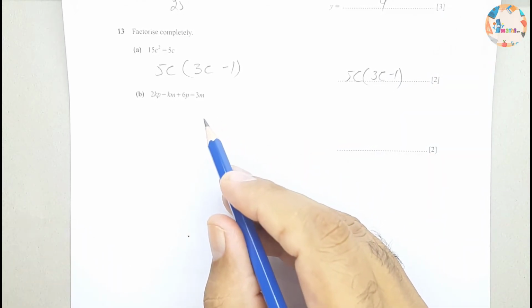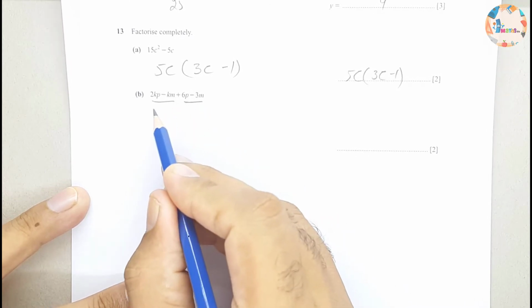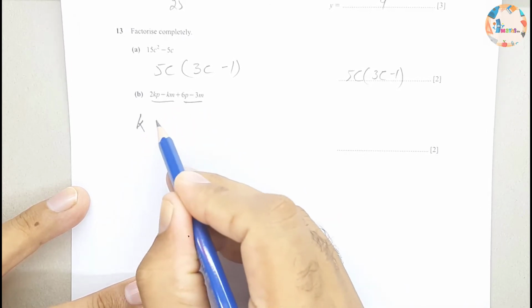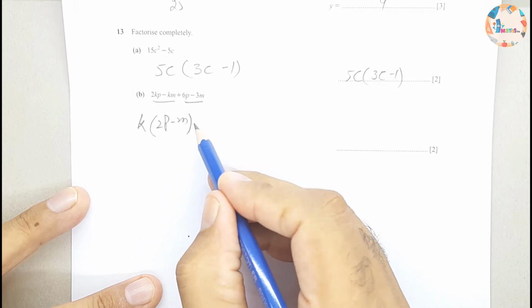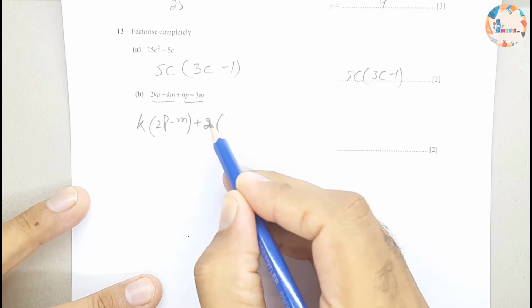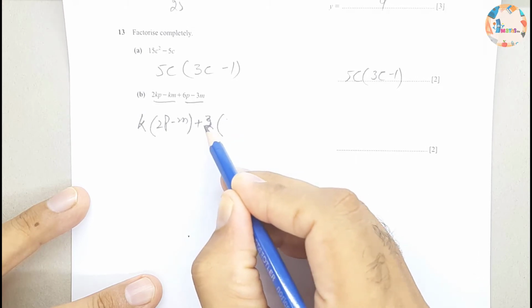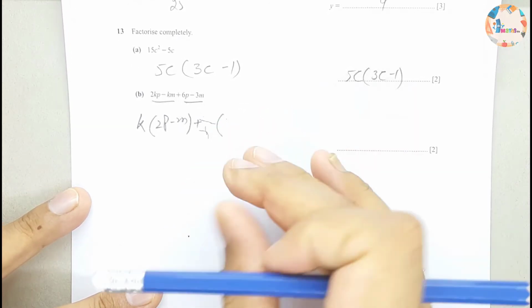Then we have to factorize this also. We can make pairs, first pair and second pair. From the first pair we can take k common, inside will be 2p minus m. And from the second pair we can take plus 3 common, and inside will be basically 2p minus m. So this 3 we can take common.